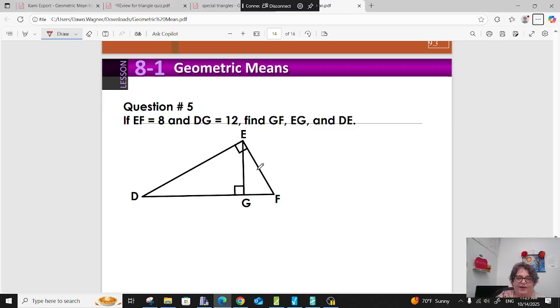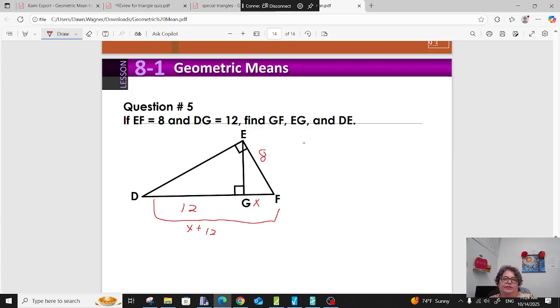I'm going to do it up here while she's handing those out. EF is 8. DG is 12. FG, I'm going to put X, and this whole hypotenuse then has to be X plus 12. This is one of those that I'm going to have to factor.